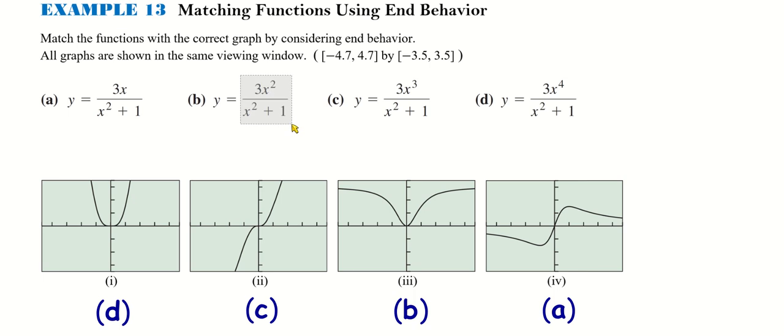This one, okay. Long story short, x squared over x squared, it's kind of a tie. So as numbers get really, really big, it's almost like, what's 3 million divided by 1 million? Well, 3.